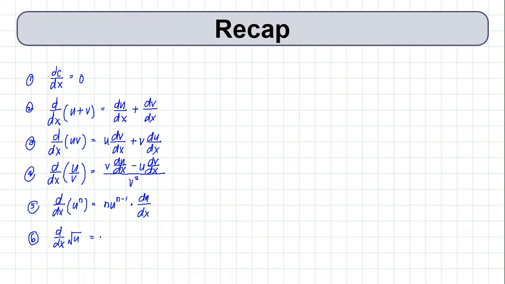The formula is 1 over 2 square root of u, then multiply by the derivative of what is inside the radical.